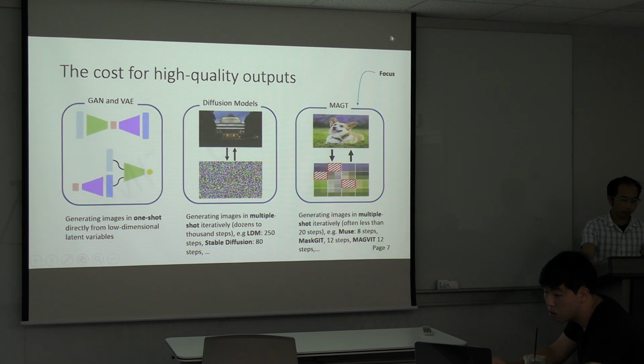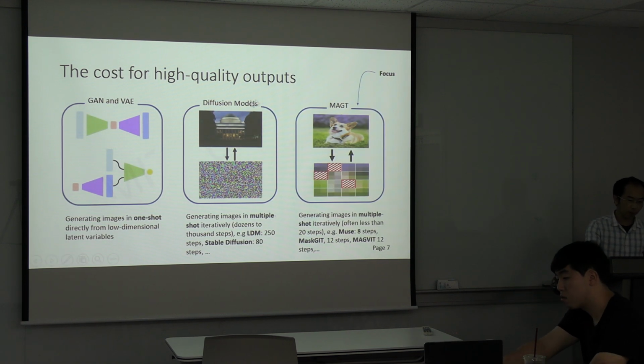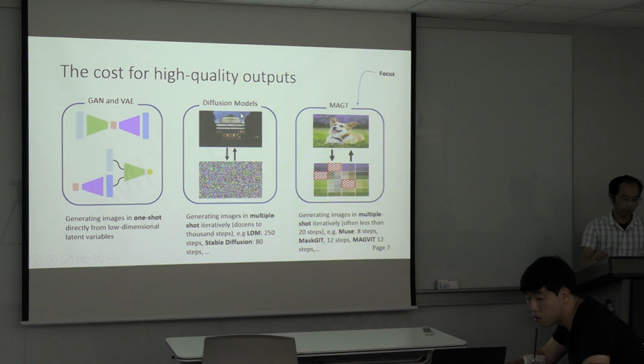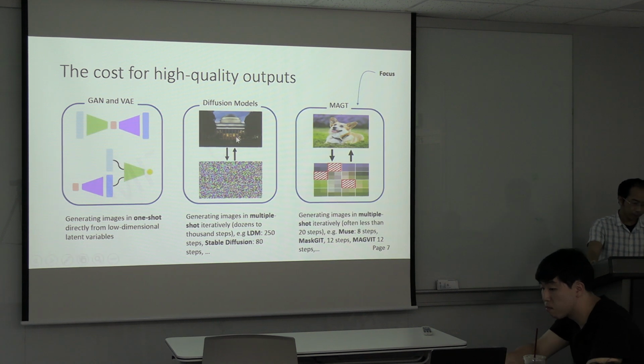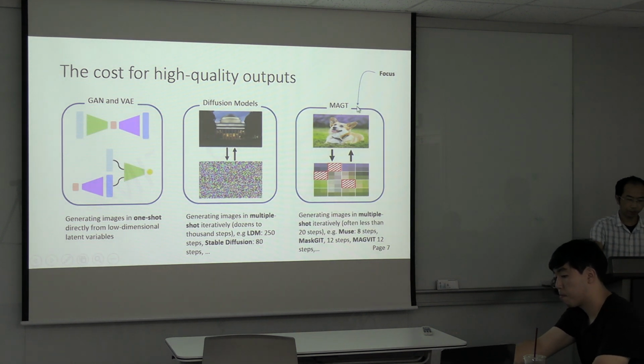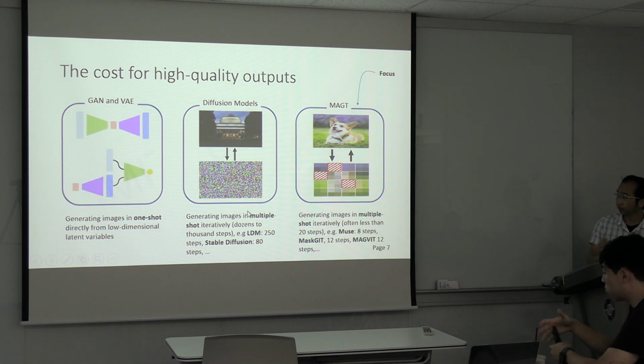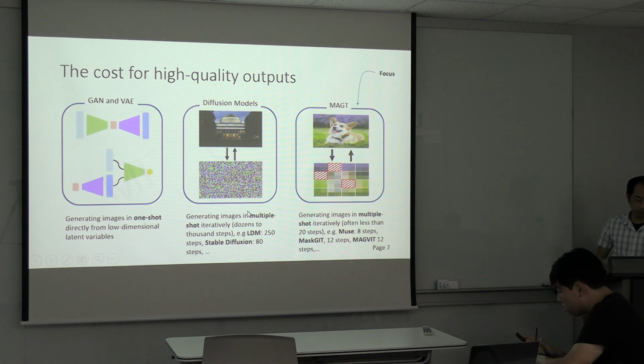This kind of new technique can generate very high quality output, but to achieve that, there is also a cost. For example, GAN and VAE can generate the image in just one shot from the latent space. But diffusion models and Mask Generative Transformers have to generate iteratively to get good enough quality.